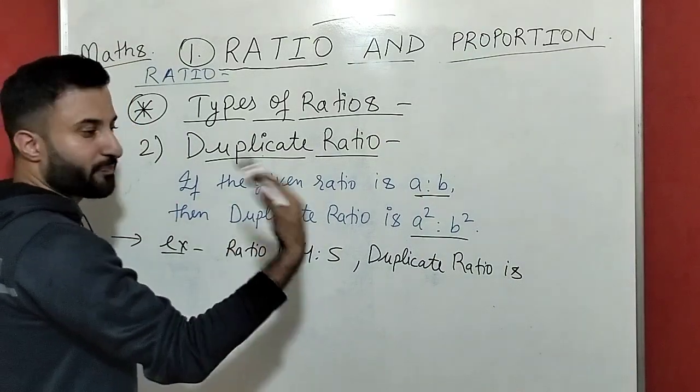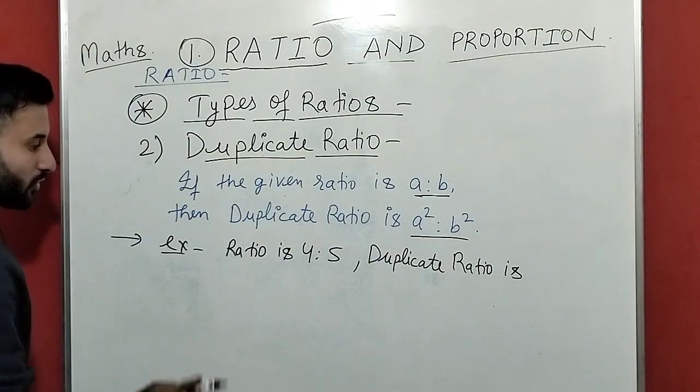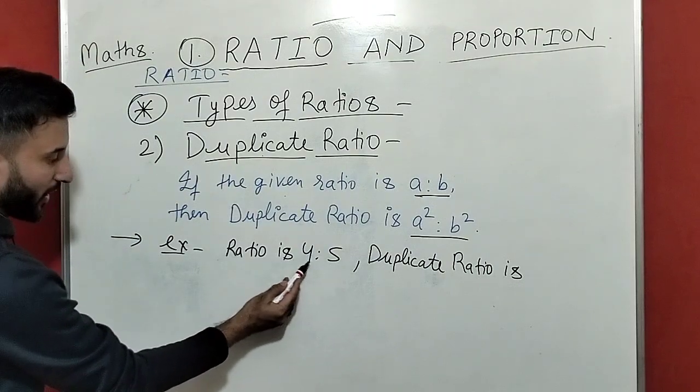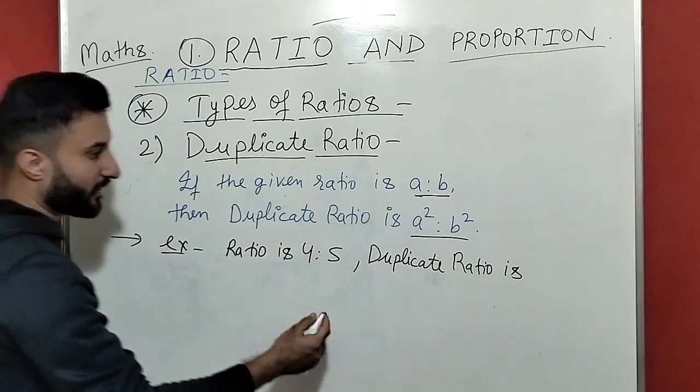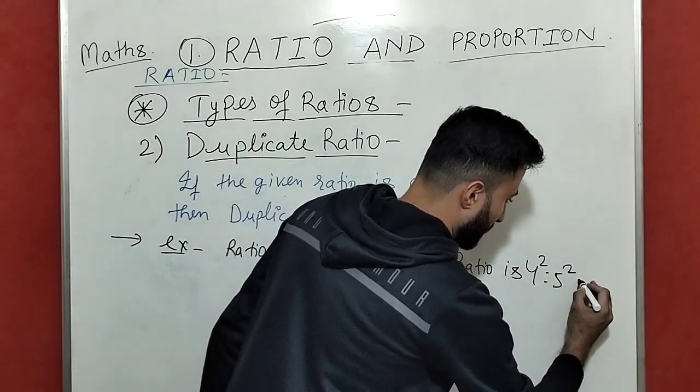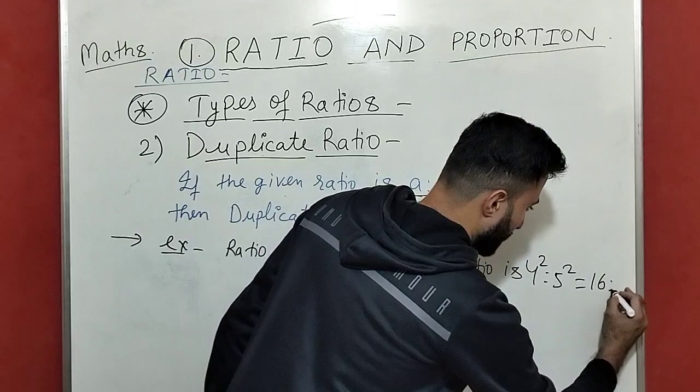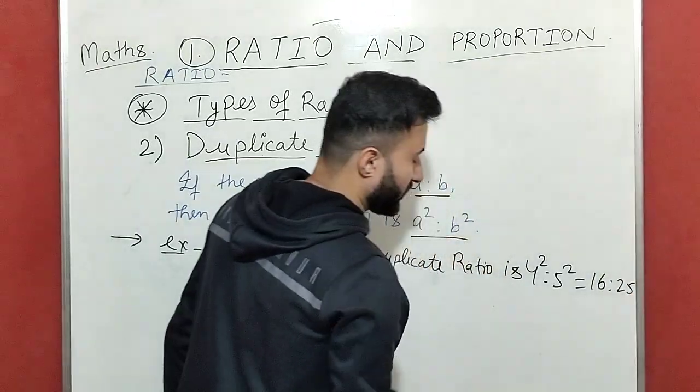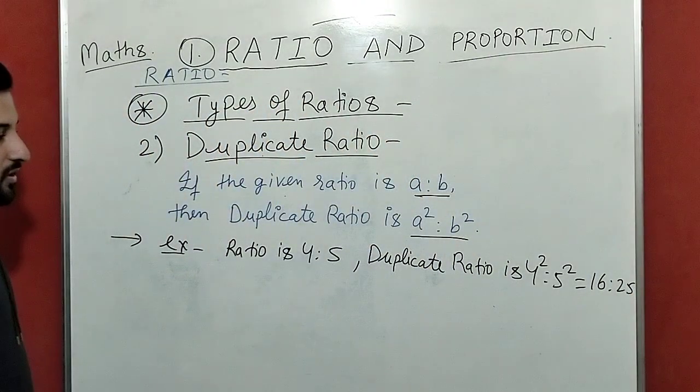Duplicate ratio means squaring. So if the ratio is 4:5, the duplicate ratio is 4 square is to 5 square, which is 16 is to 25. Okay, this is the duplicate ratio.